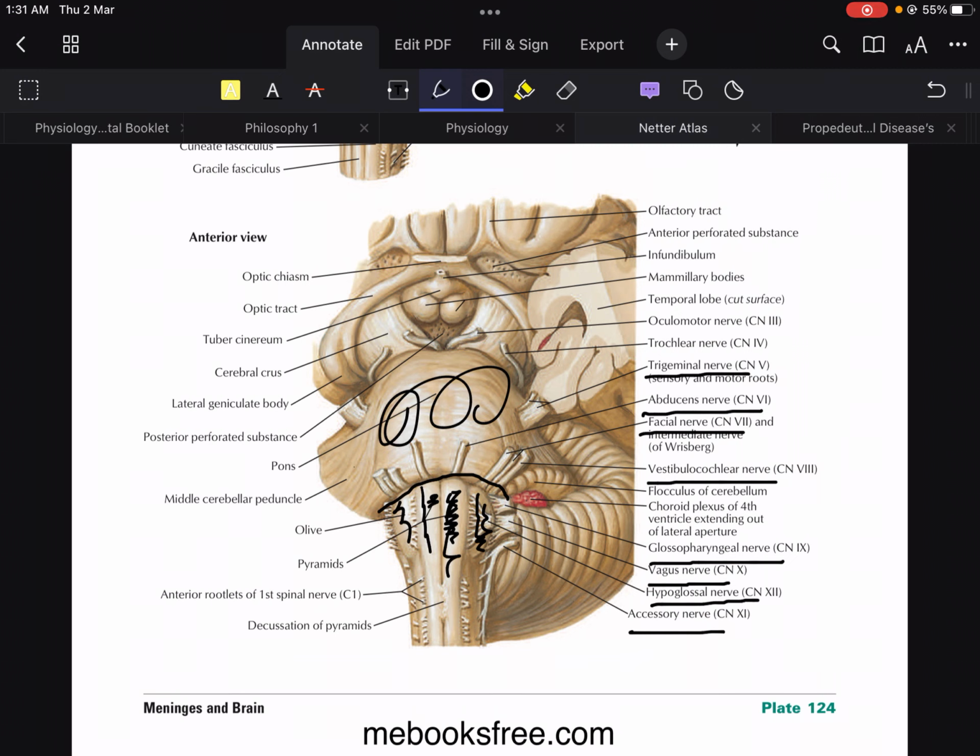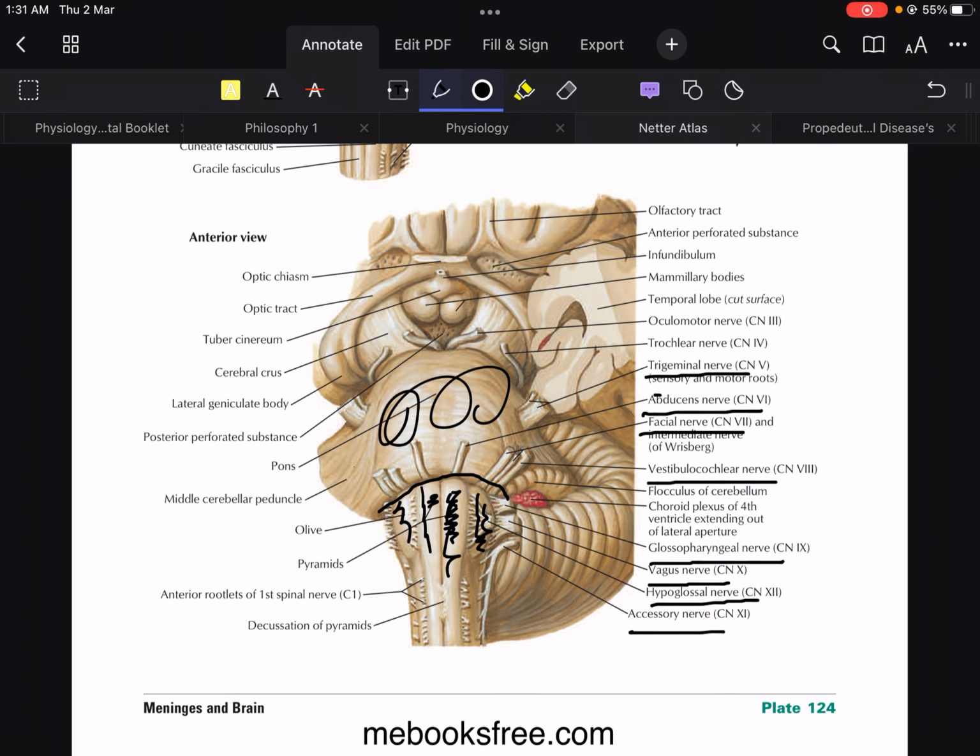Again, four nerves: the trigeminal nerve, number 5, from the anterior part of the pons; the abducens nerve, number 6, from the lower border of the pons and pyramid; the facial nerve, number 7, from the lower border of the pons and olive; and the vestibulocochlear nerve, number 8, from the lower border of the pons and olive.